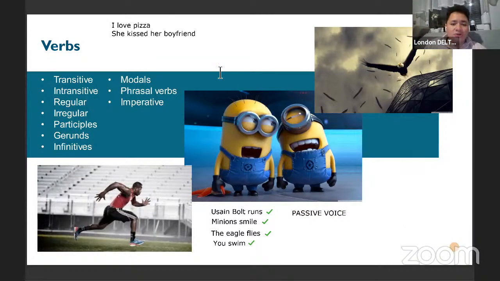You only use passive voice with transitive verbs. It's impossible to use passive voice with intransitive verbs, because we lack the object, which is what passive voice focuses on. So if you say, for example, I love pizza, how can you write that in passive voice?